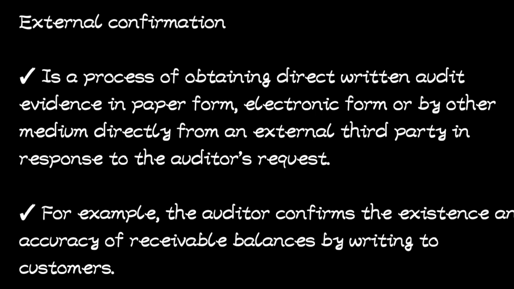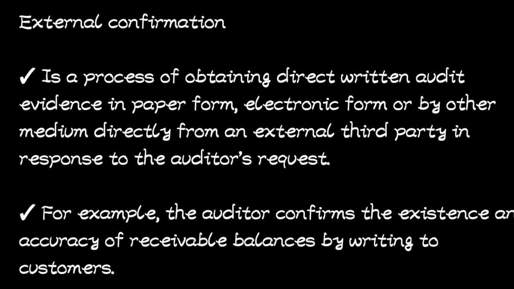For example, the auditor confirms the existence or occurrence of receivables balances by writing to customers. Receivables are like the people the business is demanding from. So the auditor calls those people or sends emails to see whether those receivables exist.